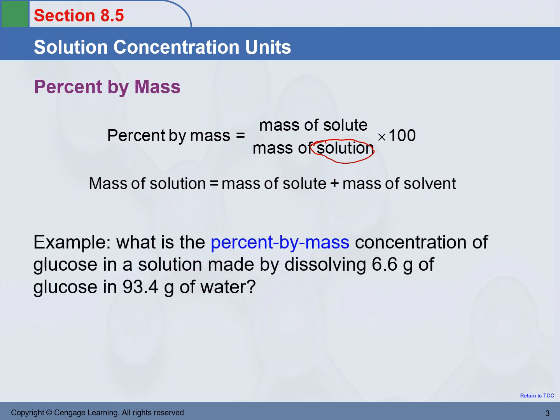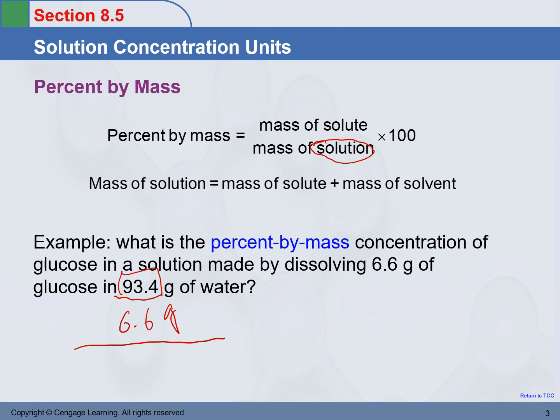Example: what is the percent by mass made by dissolving 6.6 grams of glucose in 93.4 grams of water? So the mass of solute, 6.6 grams, divided by the mass of solution, which is not 93.4. 93.4 is the mass of solvent only.